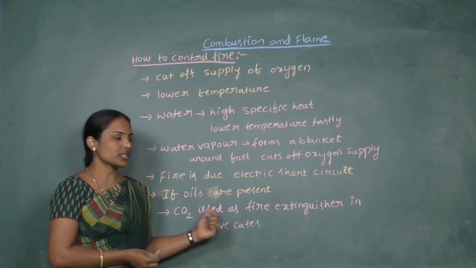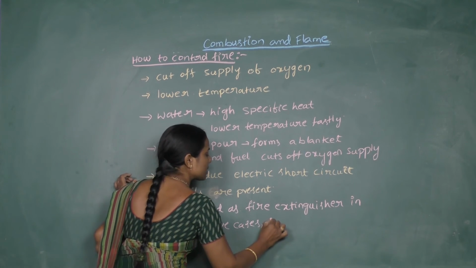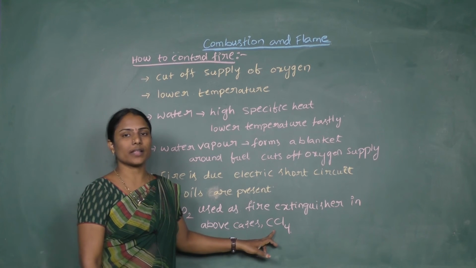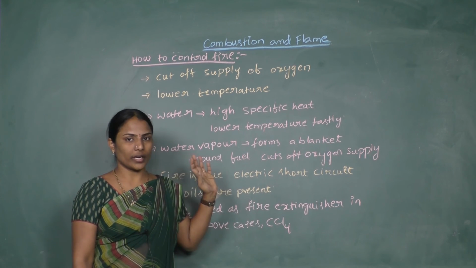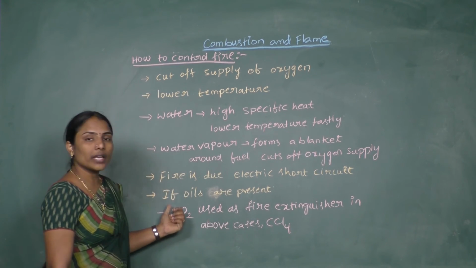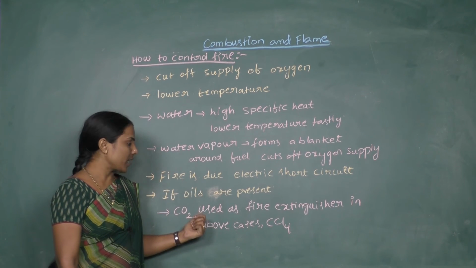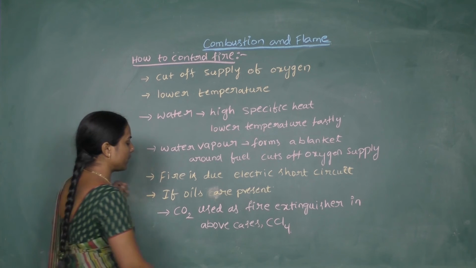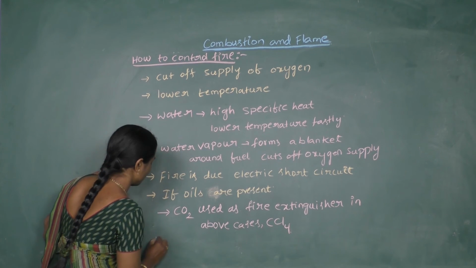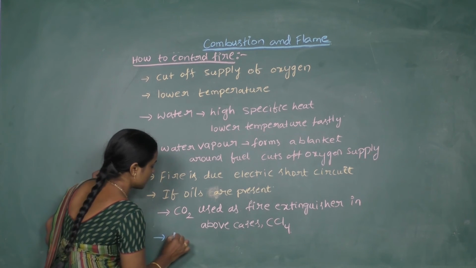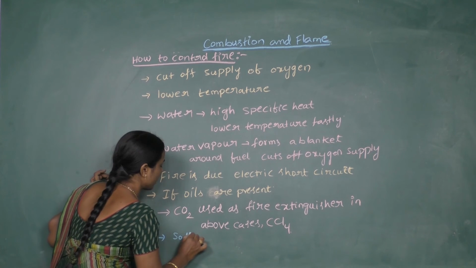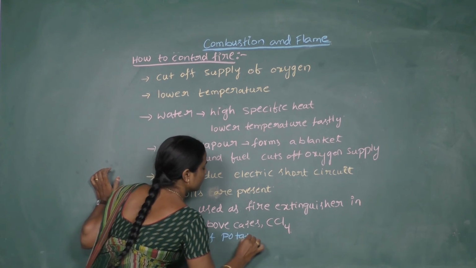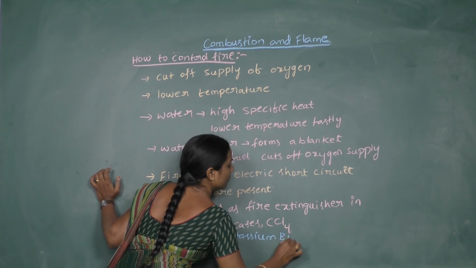Instead of carbon dioxide, we can even use some substances like CCl4, which means carbon tetrachloride. Most of the time we use carbon dioxide only as a fire extinguisher, and the sources of carbon dioxide, from where we can produce it, are chemicals like sodium and potassium bicarbonates.